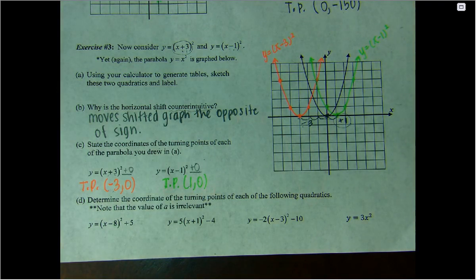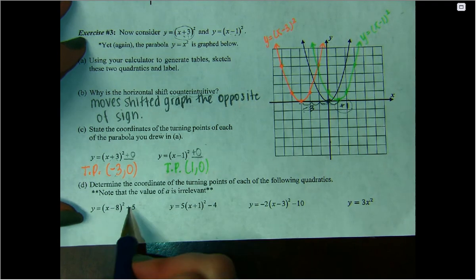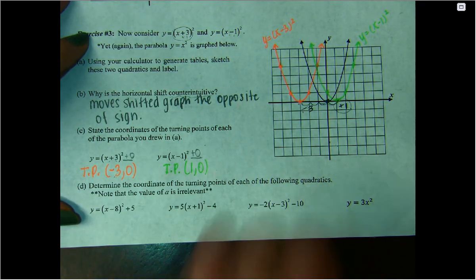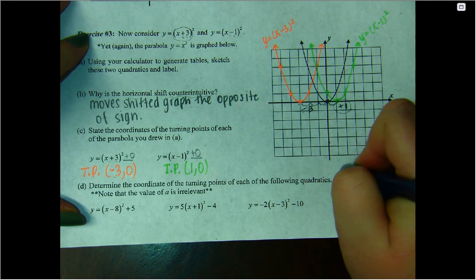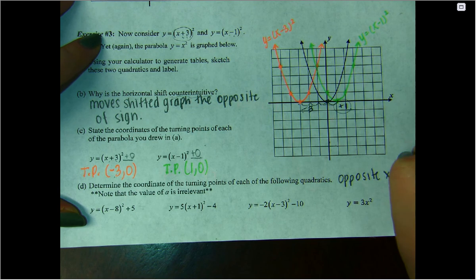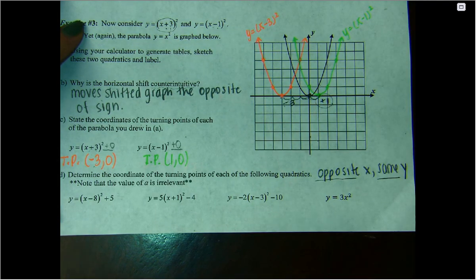Determine the coordinates of the turning points of each of the following quadratics. Excuse me. Okay, all we need to remember is opposite x, same y. This is the idea. Opposite x, same y.